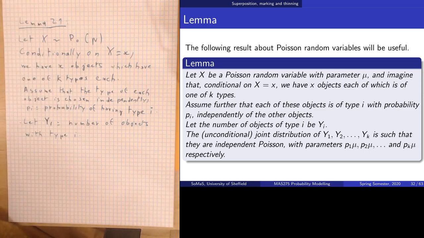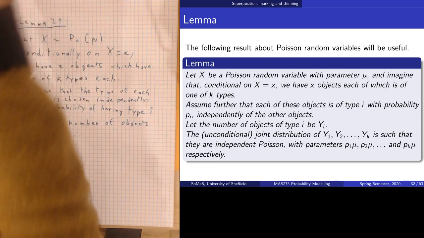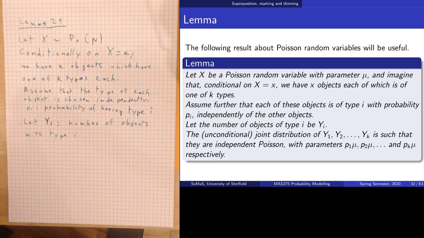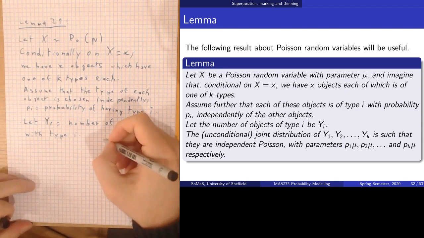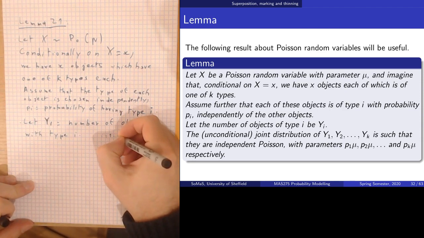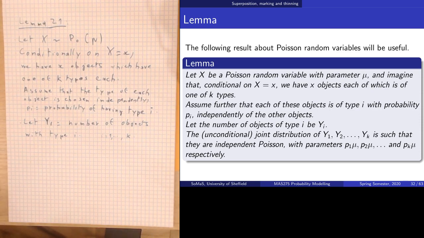And so the lemma says, the lemma is still visible, that these Y_i, i goes from 1 to k, it happens, it's quite surprising that they end up being mutually independent and all Poisson.